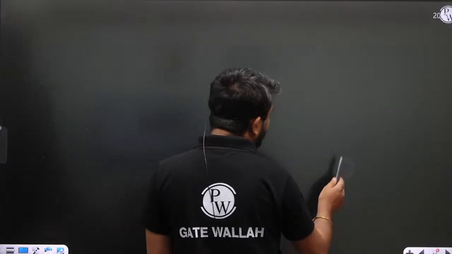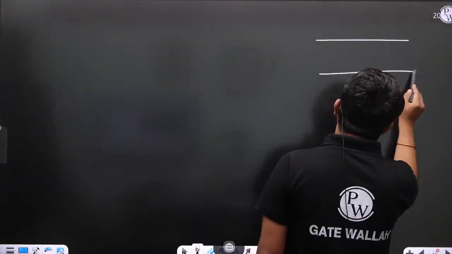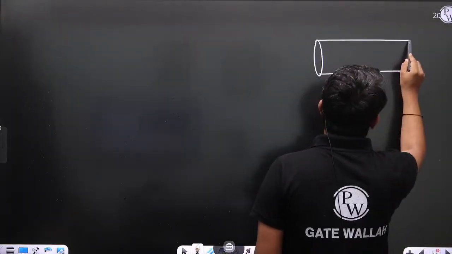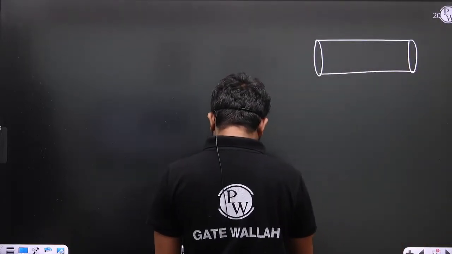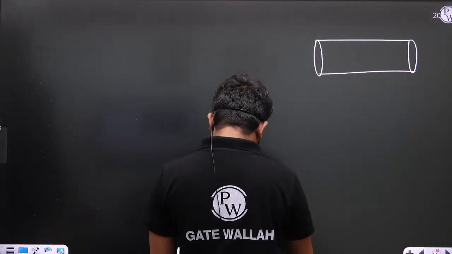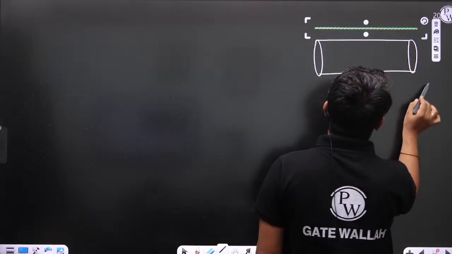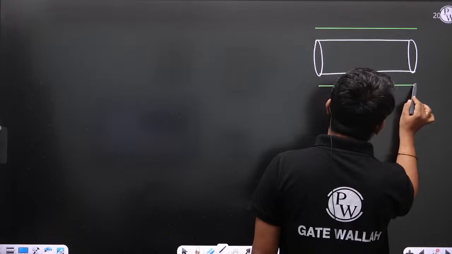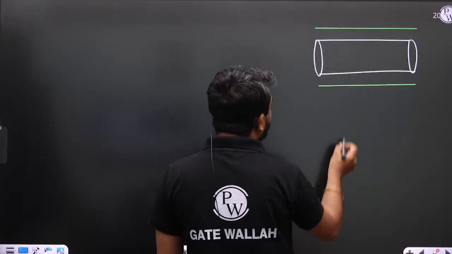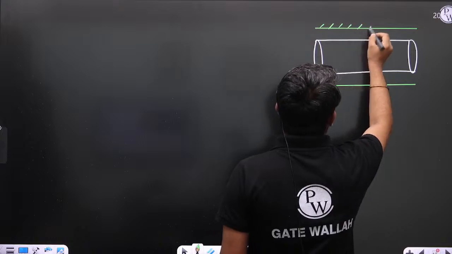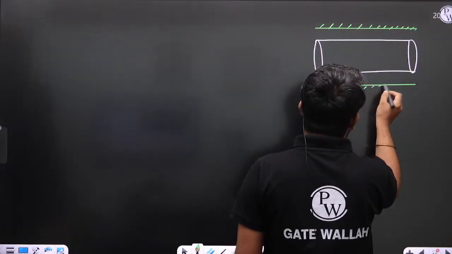Okay, so do one thing. Beta, let us consider another case. There is a shaft in a sleeve or bearing. In this particular case, H is not a function of x.